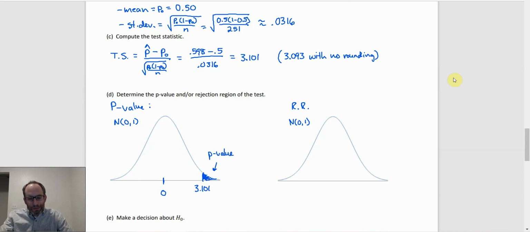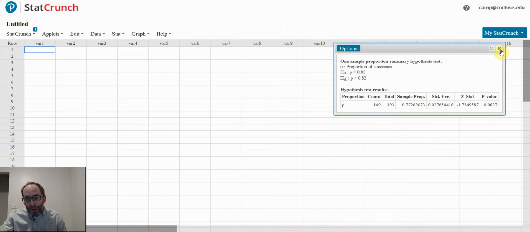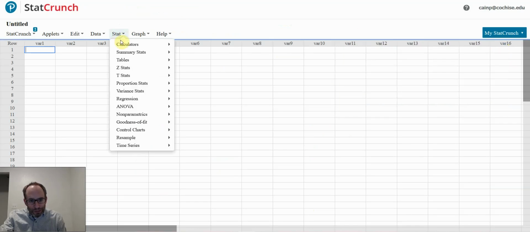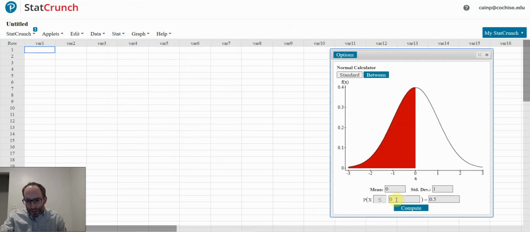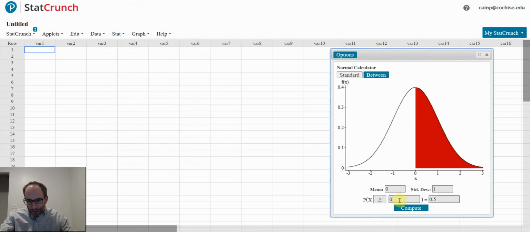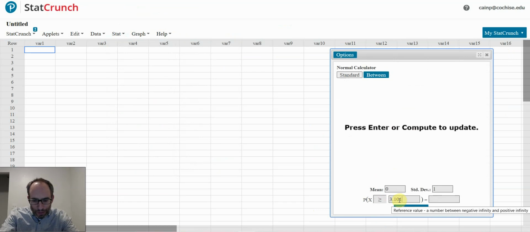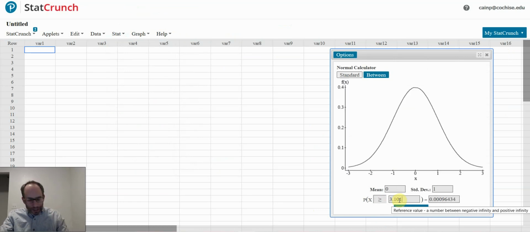And I guess at this point you would have to resort to either a calculator or StatCrunch anyway, but you would just use the standard normal distribution to get that probability. So on the calculator, normal, it's set up for standard normal. I want a tail going the other way, and I want the cutoff to be 3.101. And look, what we got was 0.001 before when we used StatCrunch to do everything.